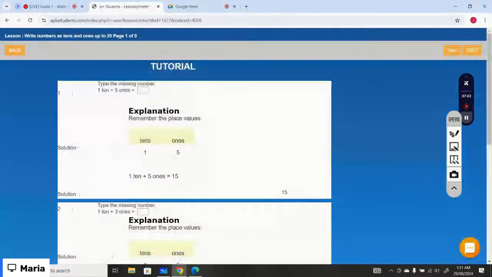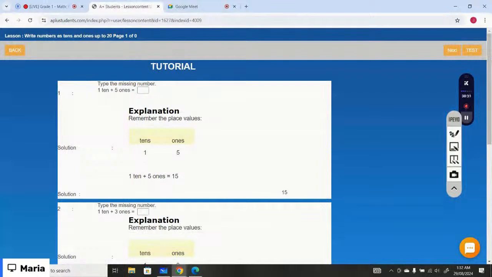So which digit do they make? The correct option is 15, right?